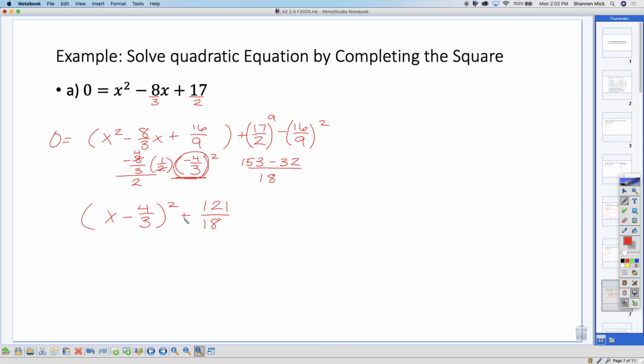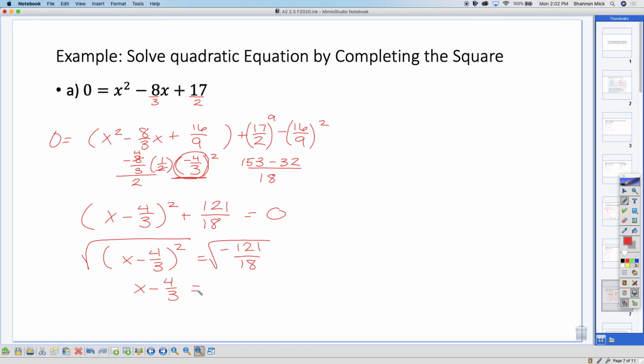Okay, so it's equal to 0. So I subtract over this. I have x minus 4/3 squared minus 121 over 18. Take the square root, and I get x minus 4/3 equals.